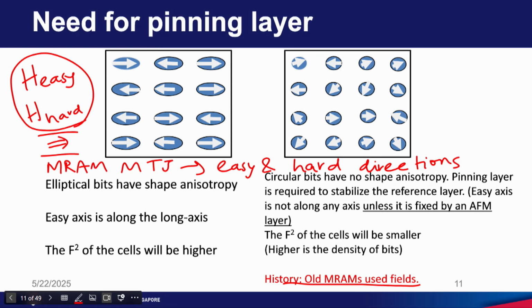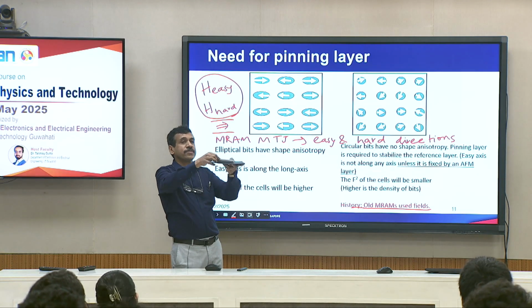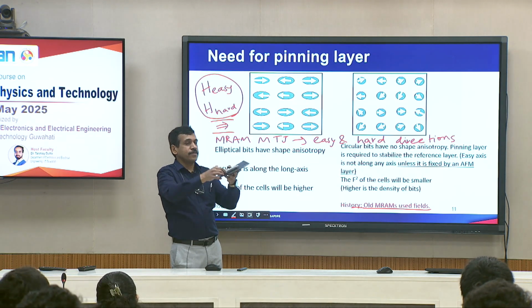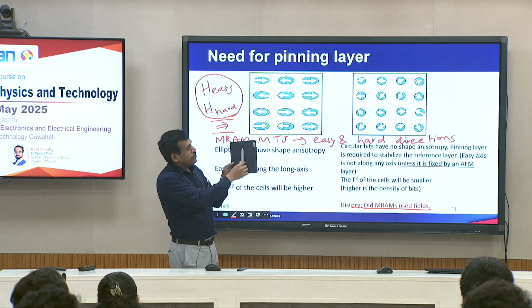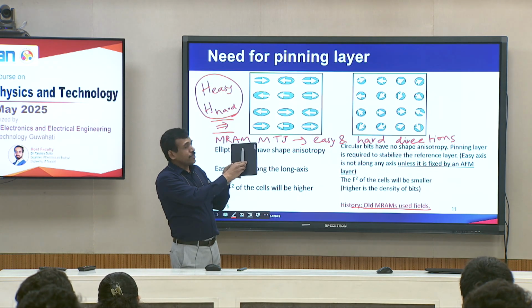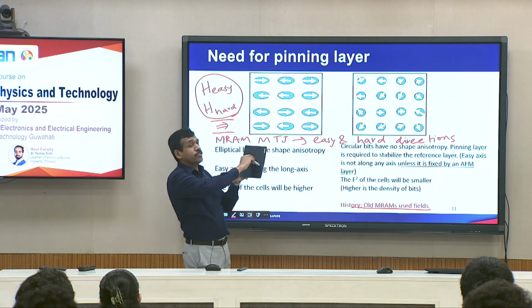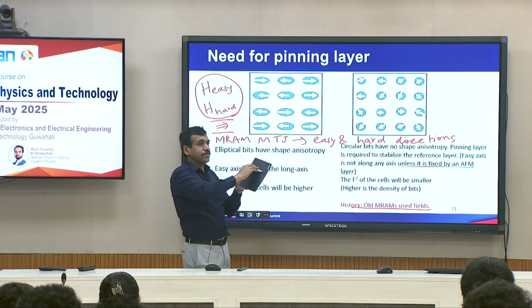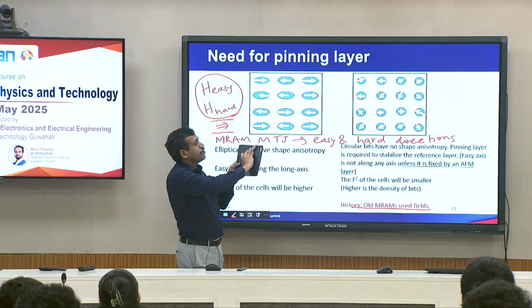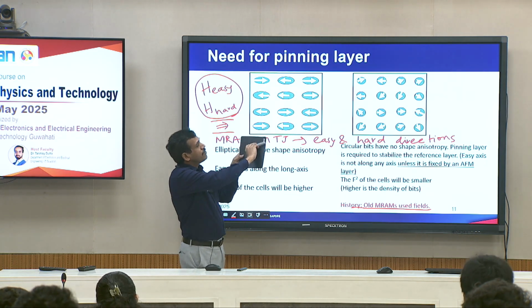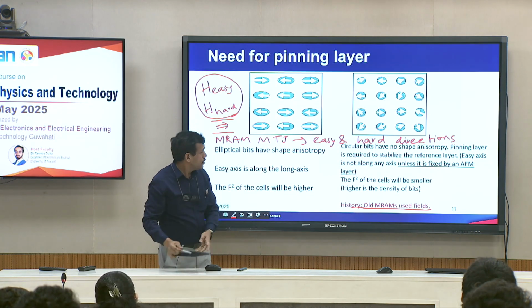Okay, let's take this plane. The magnetization is along this plane. How many directions are possible for this magnetization to be along this plane? 360 degrees. So the magnetization easy axis can be in any direction. The easy direction can be 0, 90, or any angle between 0 and 360.